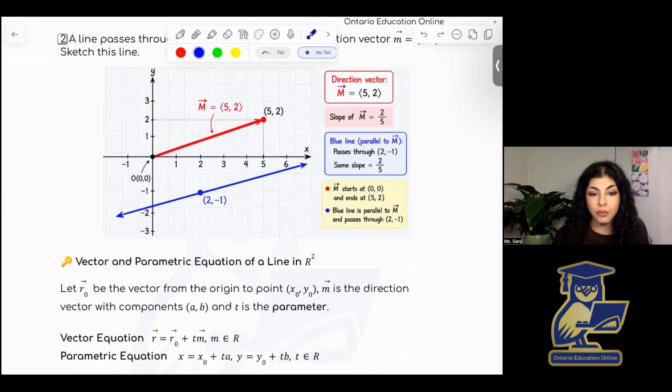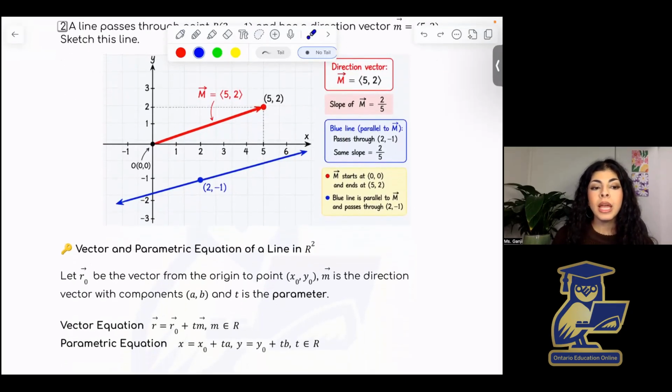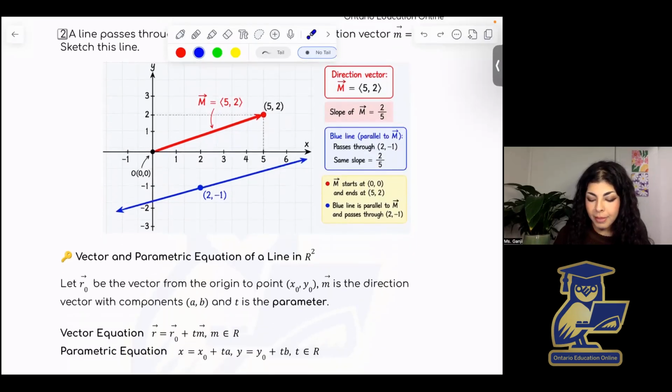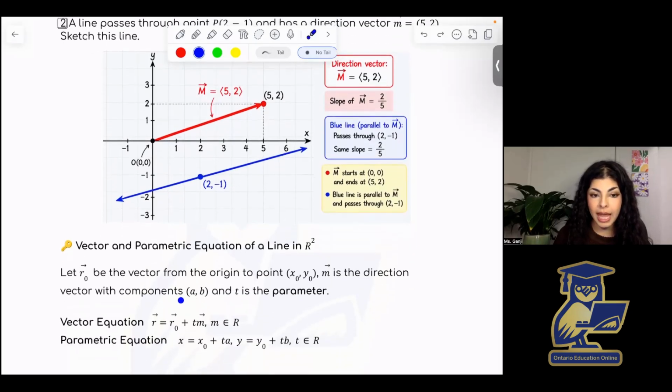So we have two forms that we're starting off with, which are our vector and parametric equations of a line in R squared. Let r0, the vector, be a vector from the origin to point (x0, y0). This is a point on our line, and it's given to us, similar to point (2, -1) that was given to us here. m is a direction vector with components a, b, and remember this is your x and y component.